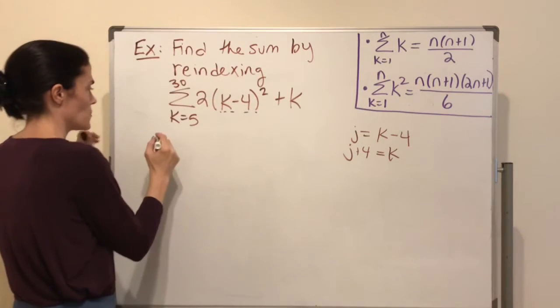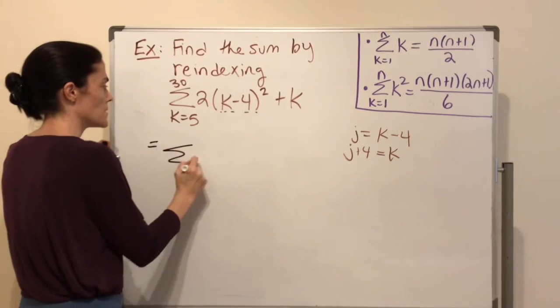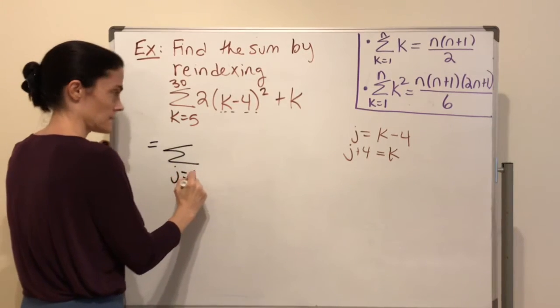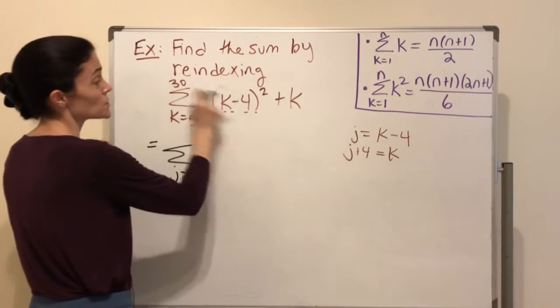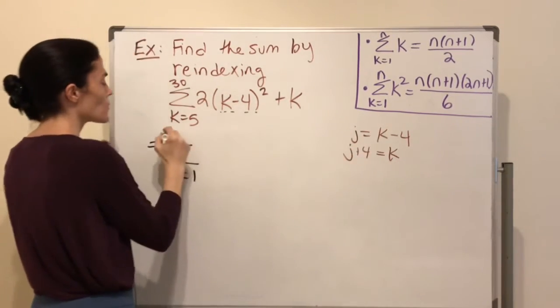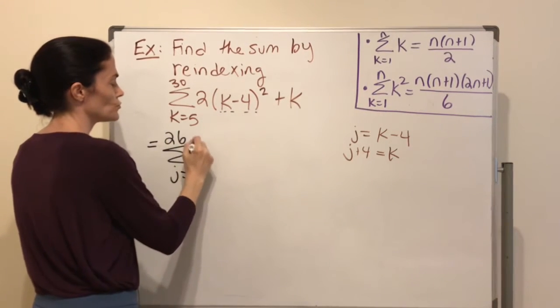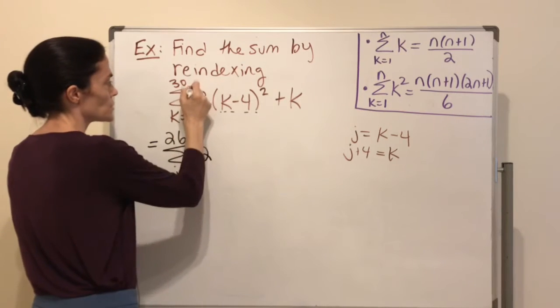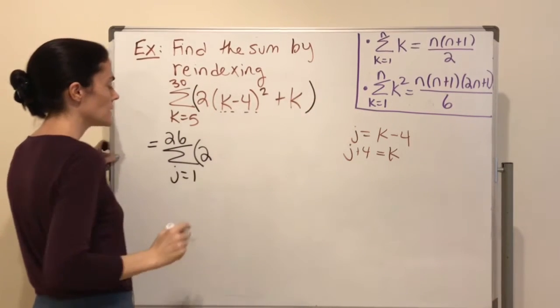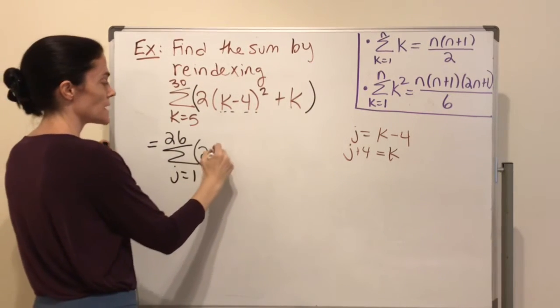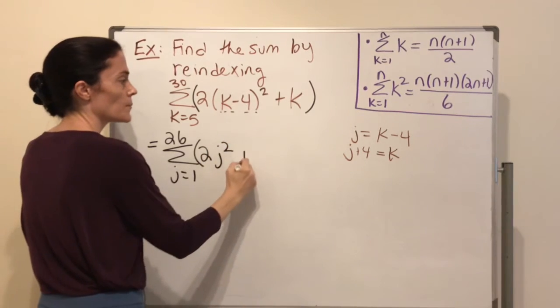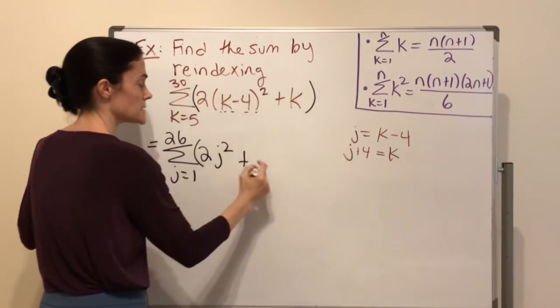Okay, now this sum will then be a sum. j starts at 1, and then it goes to 30 minus 4, which is 26. And I have 2, there should be parentheses here. Okay. I have 2 j squared plus, well, k is j plus 4.